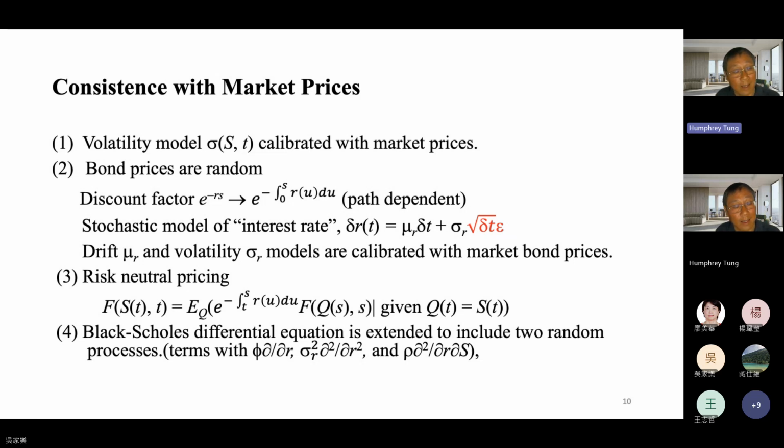And that will be the difficult part, because contemporary interest rate models are very, very complex. It's very difficult to figure out the drift term and volatility term of interest rate.